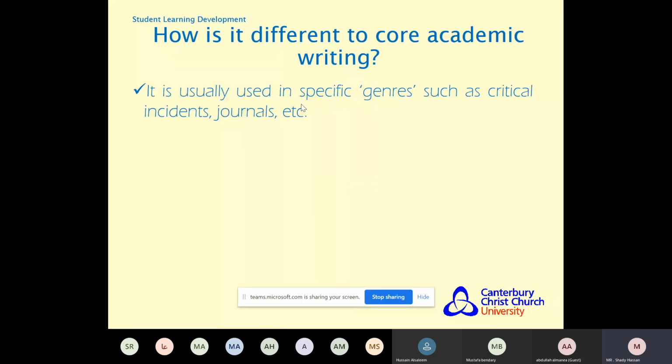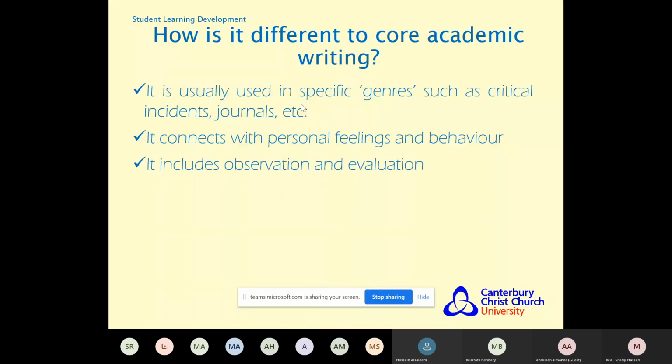How is it different? Reflection in academic writing, how they are different. It's usually used in specific genres such as critical incidents, journals, etc. It connects with personal feelings and behavior. It includes observation and evaluation.